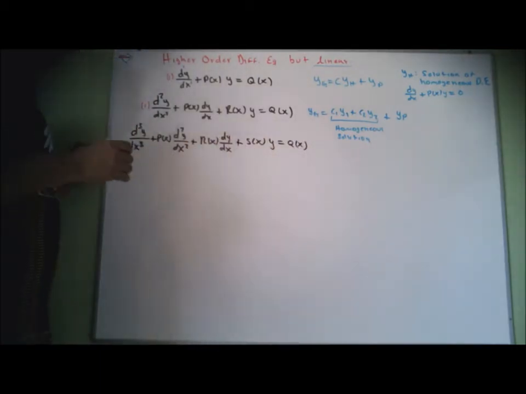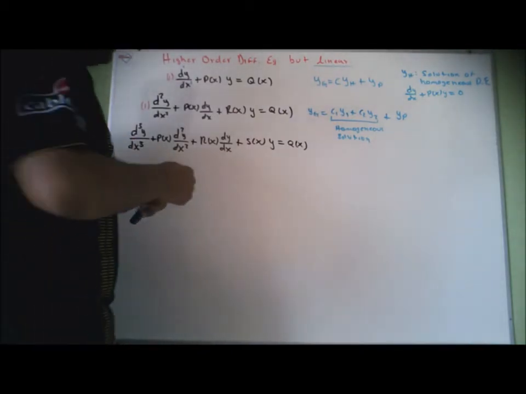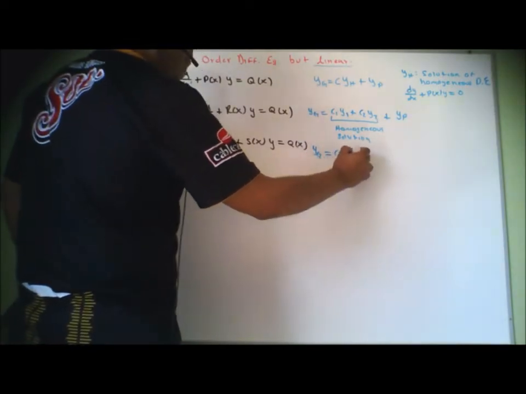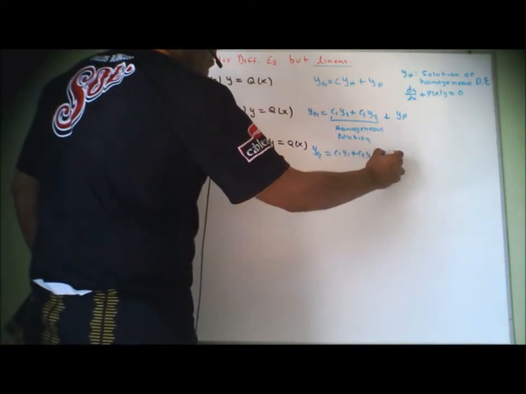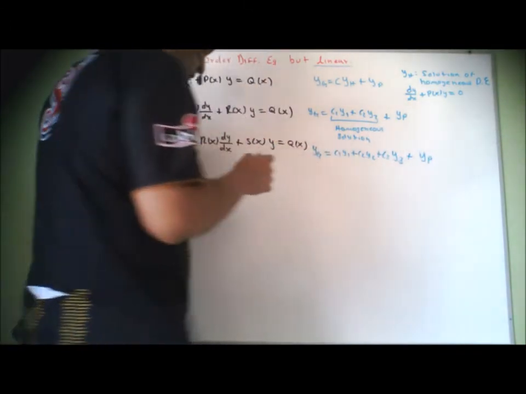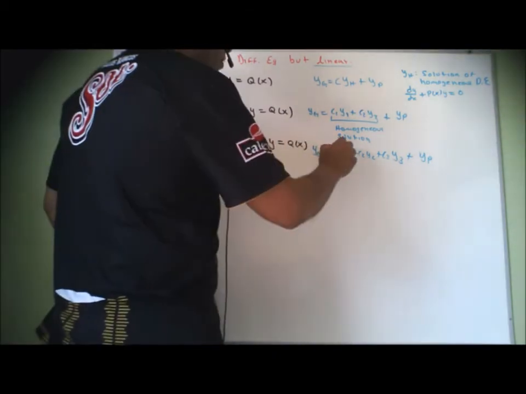Okay, so this is a third order differential equation, so the general solution is going to be c1 y1 plus c2 y2 plus c3 y3 plus the particular solution. And again, here you have your homogeneous solution.